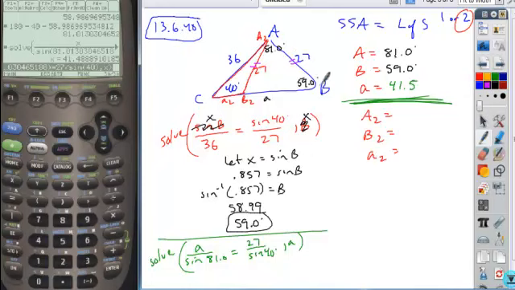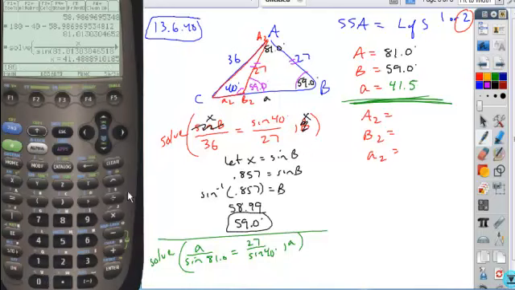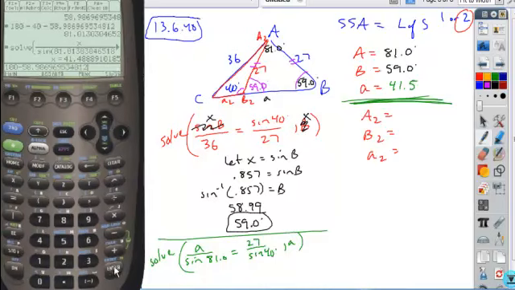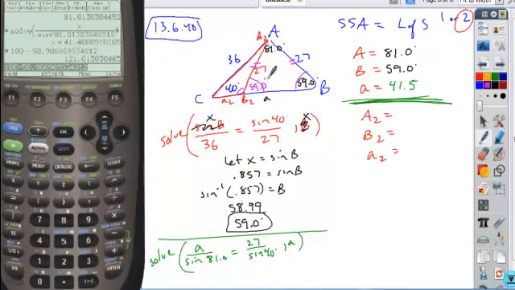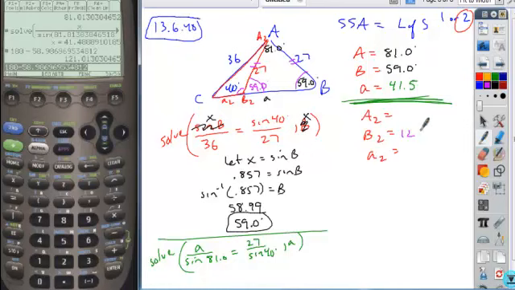The triangle created by A, B, and B2 is an isosceles triangle, which means these two base angles are going to be the same. So this one is also 59. And if that's 59, then that leaves an angle of the supplement right here. So if I take 180 minus the angle of 59 degrees that I just found earlier, I get my new angle B to equal 121.0.